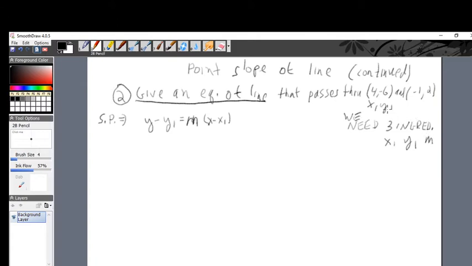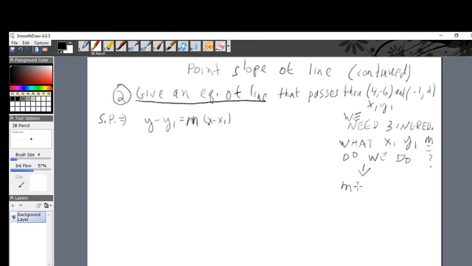We have an x1 and a y1, but we don't have an m. So what do we do? Okay, what we have to do is find an m.